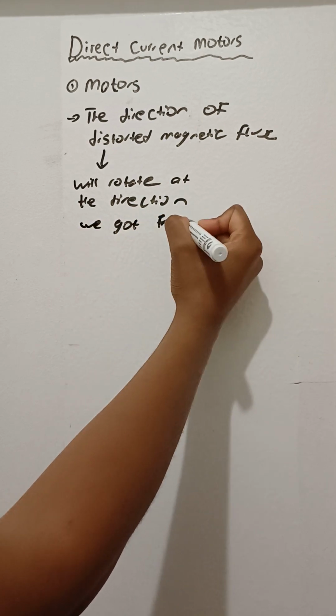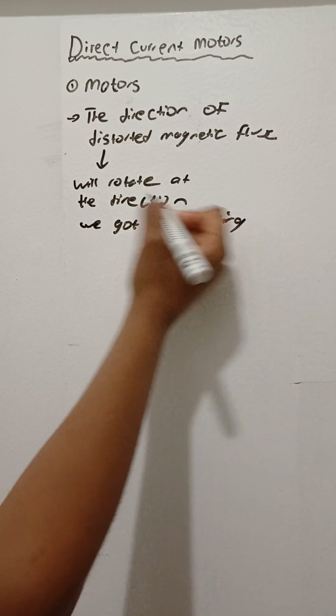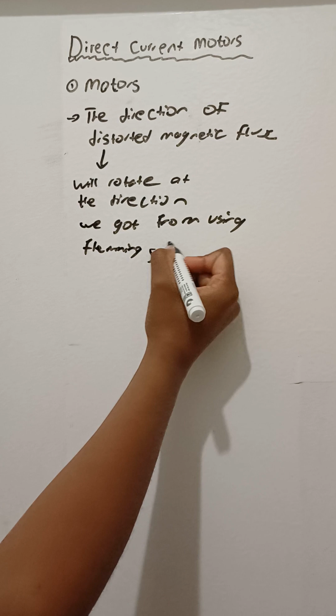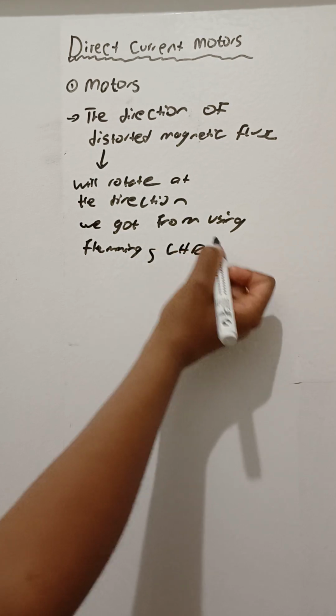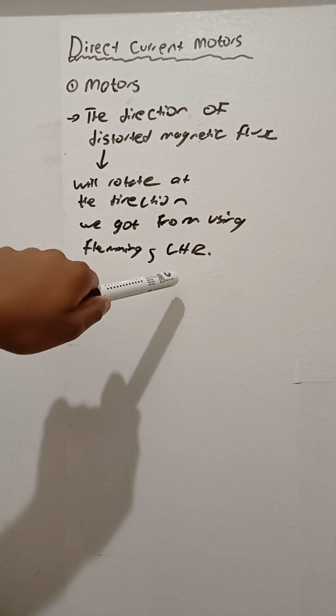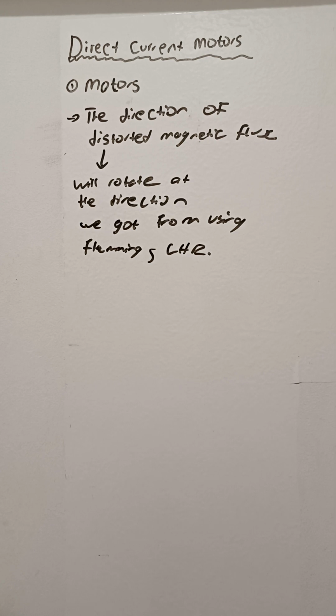left hand rule. So the direction of distorted magnetic flux, meaning the direction of the armature reaction, will depend on Fleming's left hand rule.